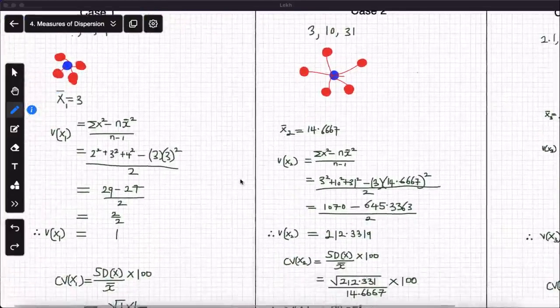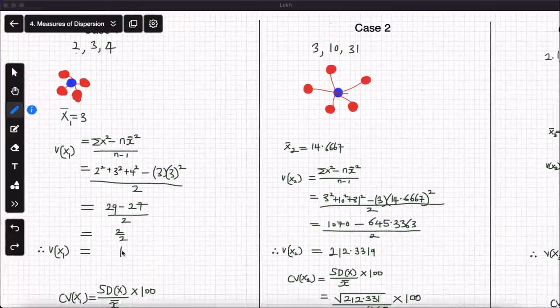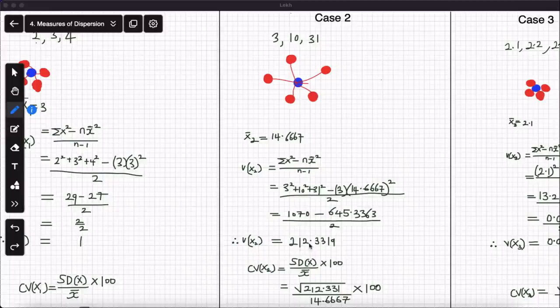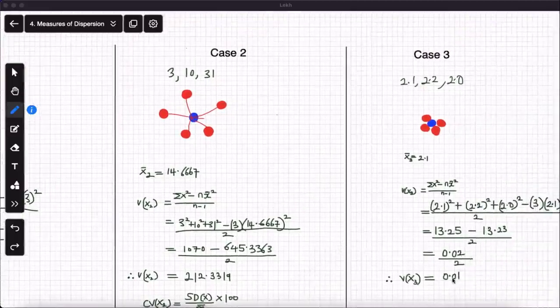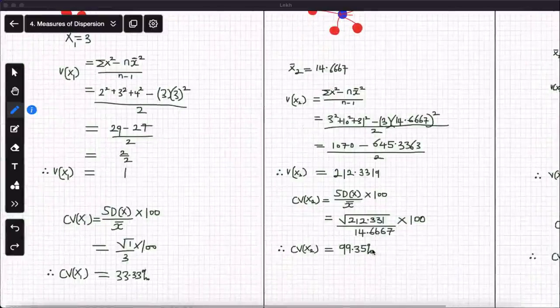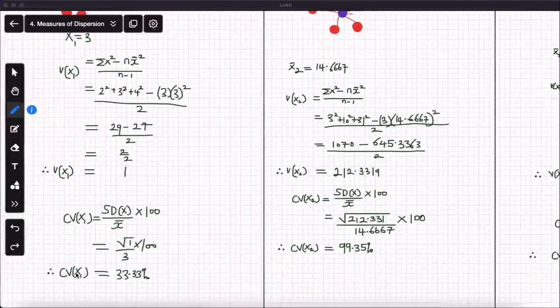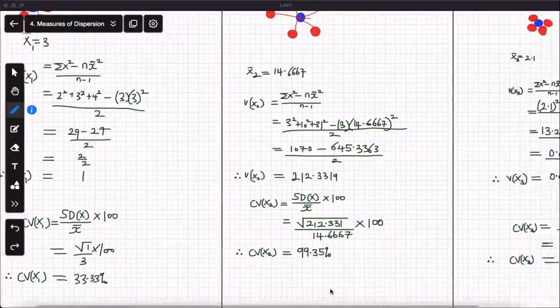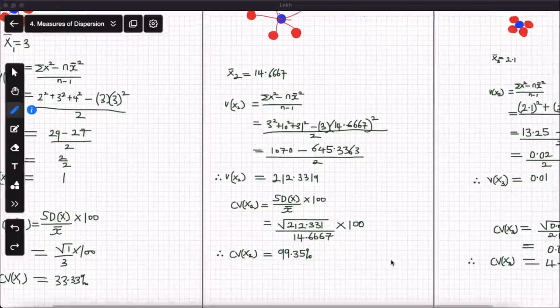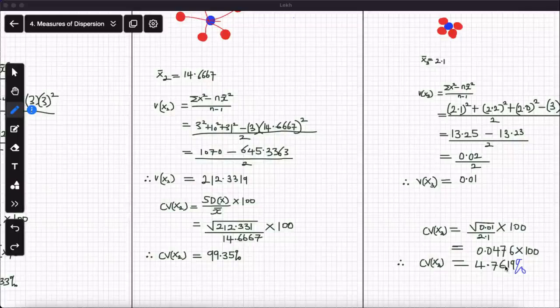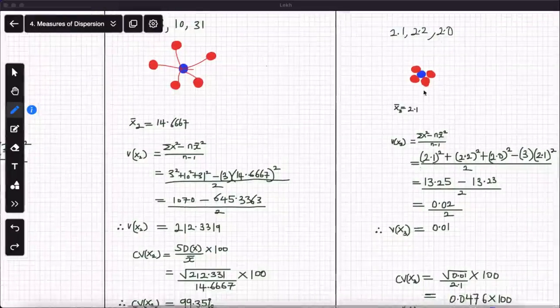The variance calculated for case 1 is 1, for case 2 it's 212.3319, and for case 3 it's 0.01. The coefficient of variation is 33.3% for case 1, 99.35% for case 2, and 4.7619% for case 3.